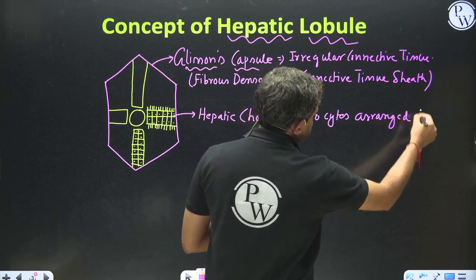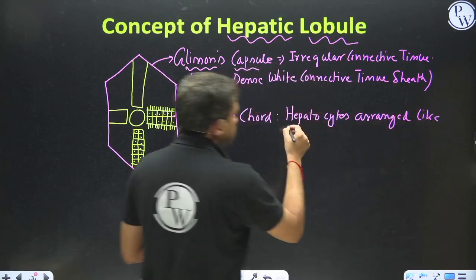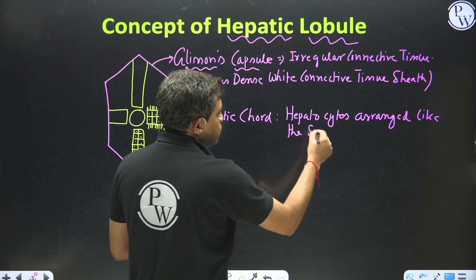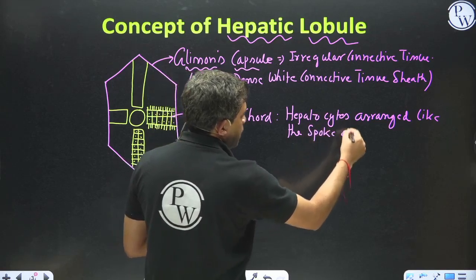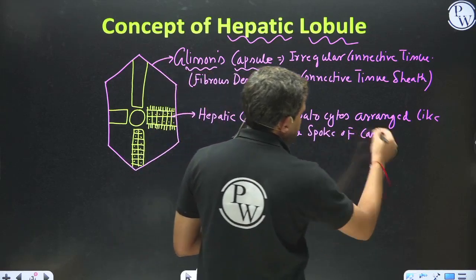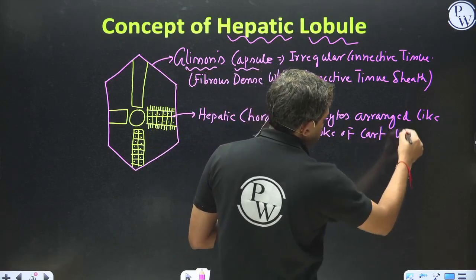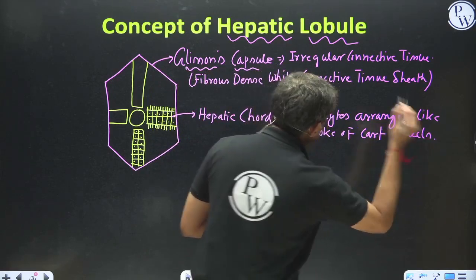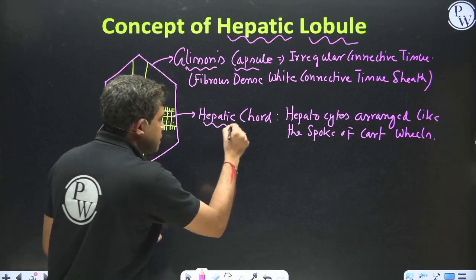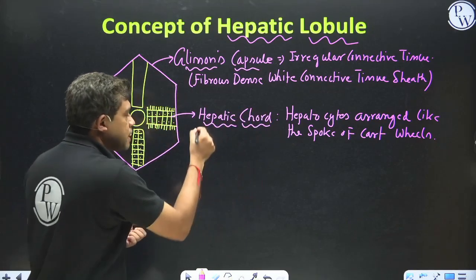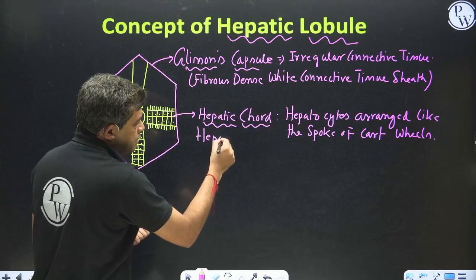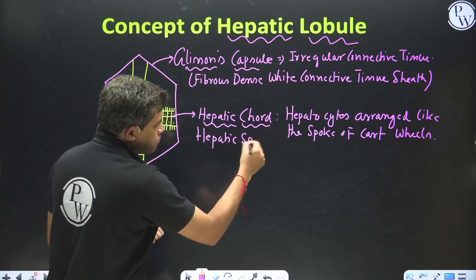The hepatocytes are arranged like the spokes of a cartwheel. Sometimes it can be termed a hepatic spoke also.